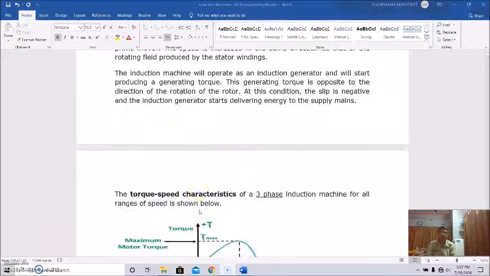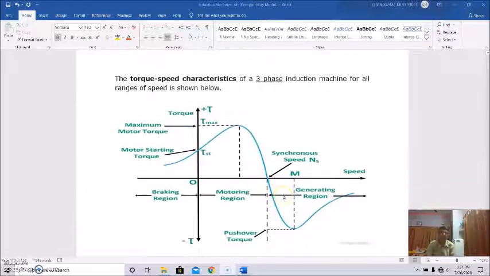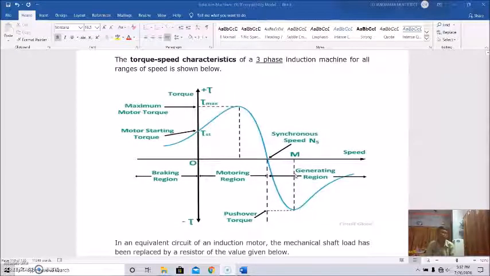The torque speed characteristics of a three-phase induction machine for all ranges of speed is shown here. This is the torque speed characteristics. Basically this is for the motoring region of operation, and this is for the generating region of operation.